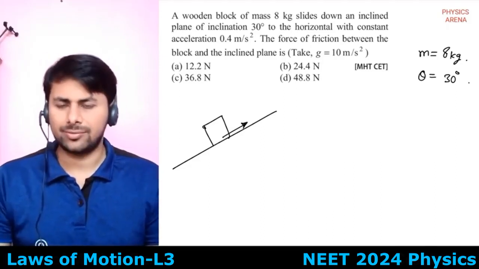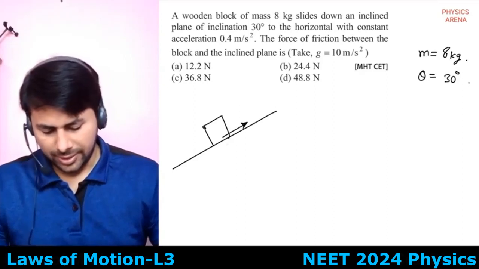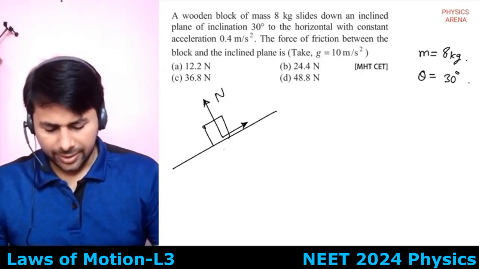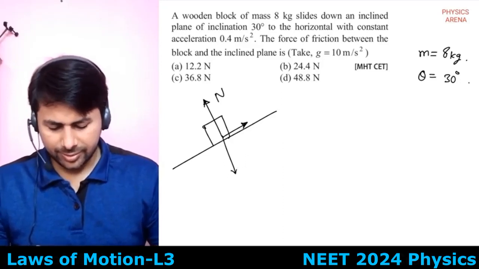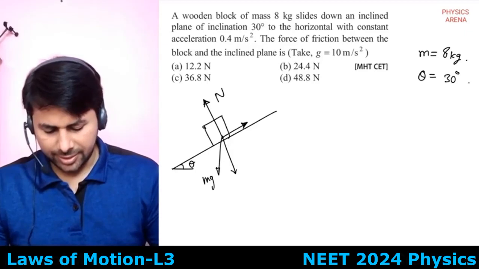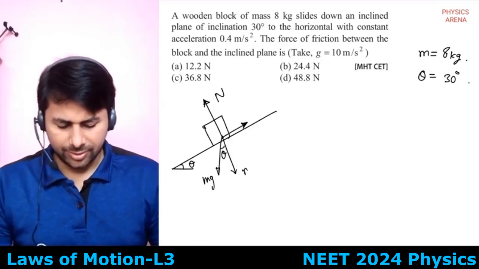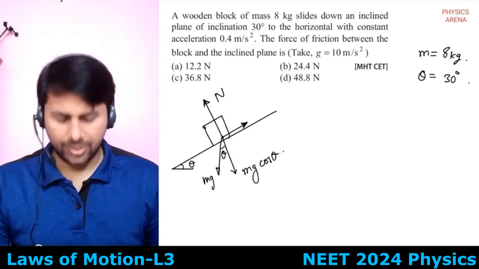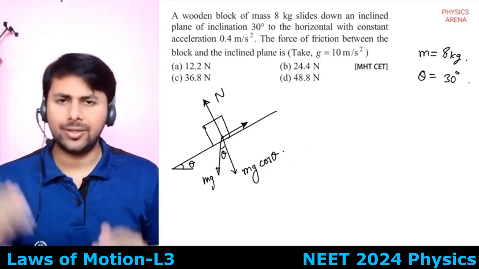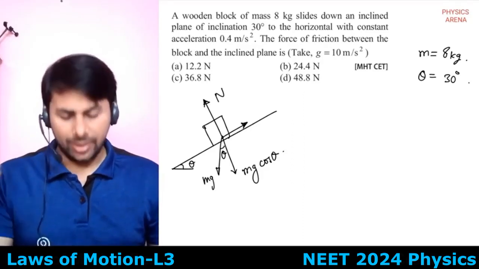No, cos theta. Right. Normal is cos theta. So N in this case is equal to what? So this is mg. This angle is theta. This angle will be also theta. So it is mg cos theta. Always, if you have inclined plane, normal reaction will be equal to what?